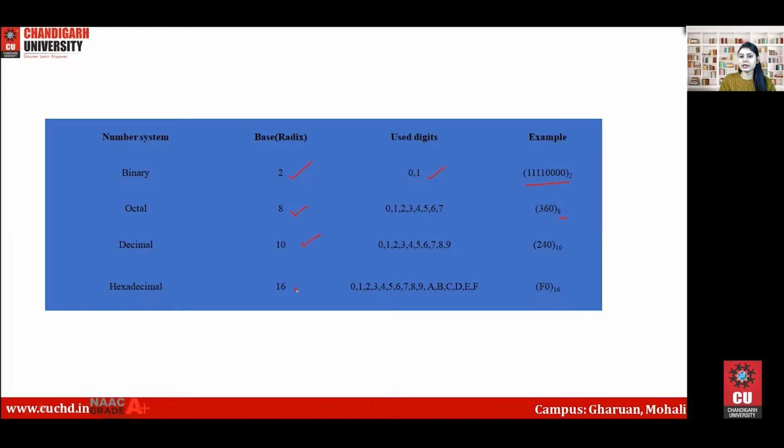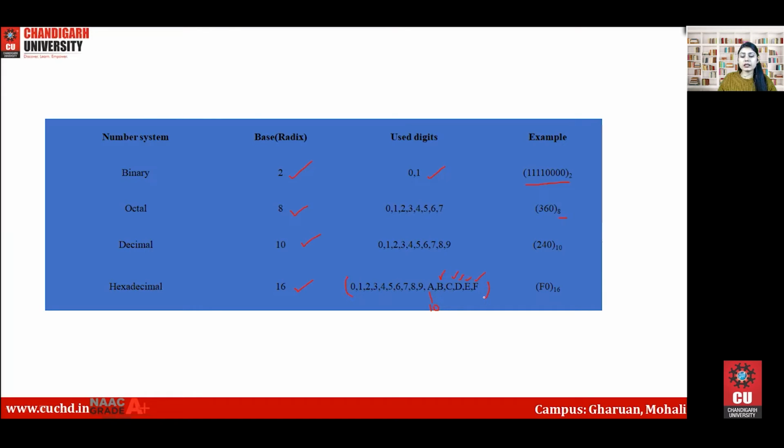And for hexadecimal, it will be 16, but 10 will be represented by A, then 11 by B, 12, 13, 14, and 15. In total, how many numbers will be there? In total, I have 16 numbers, right? So now this was the base of the number system that we had.